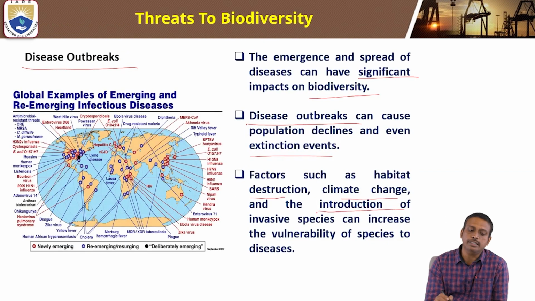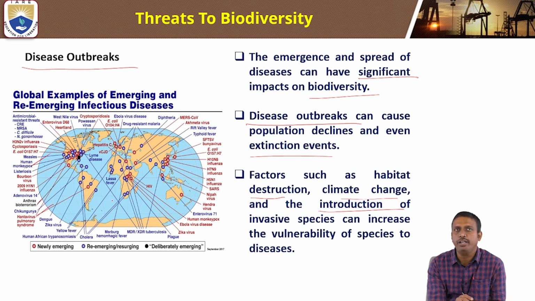Global examples of emerging and re-emerging infectious diseases include antimicrobial resistance, influenza, E. coli, measles, listeriosis, anthrax, and chikungunya. All these are different diseases that are examples of threats to biodiversity.